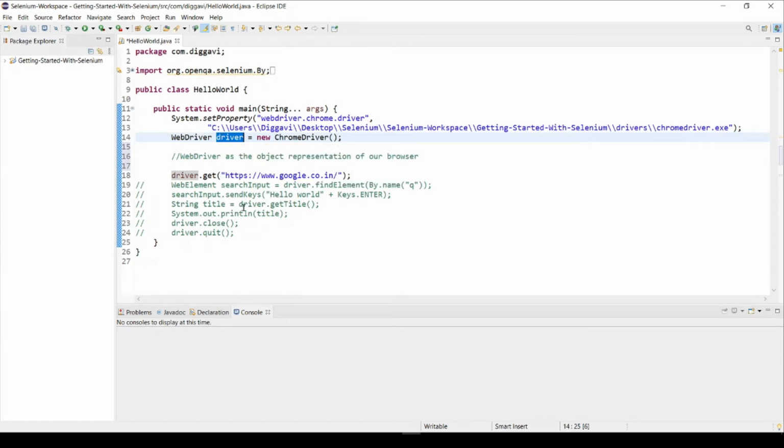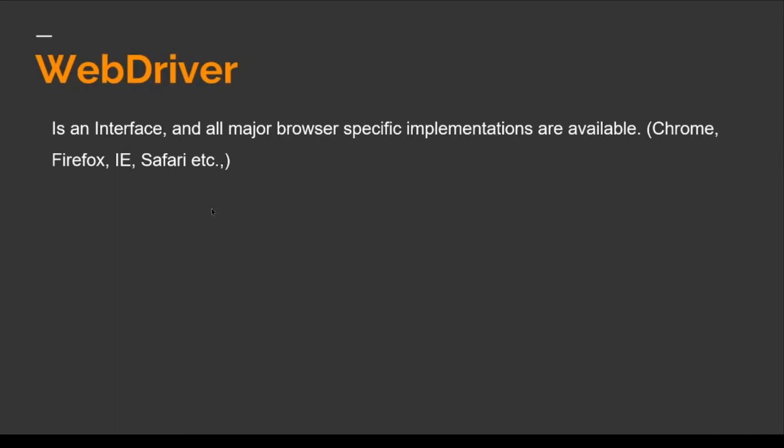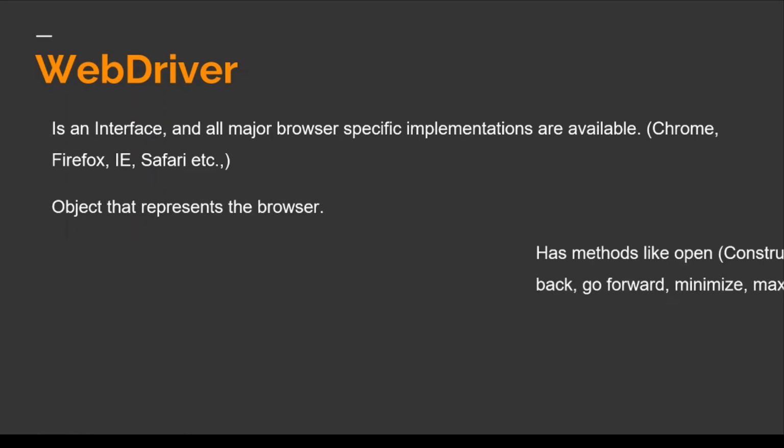In little detail, we will get into deep again later. So now if we see WebDriver is an interface that we saw, and all major browser specific implementations are available like Chrome, Firefox, IE or Safari, and it is the object representation of the browser.